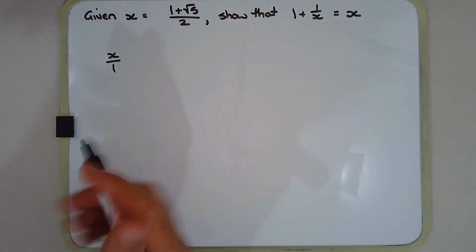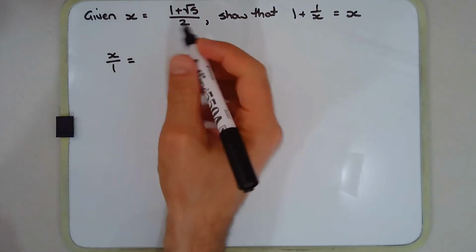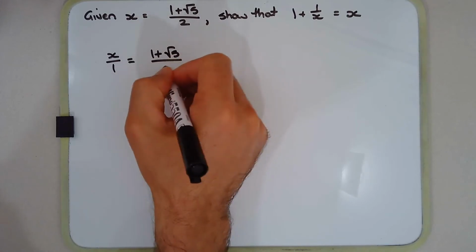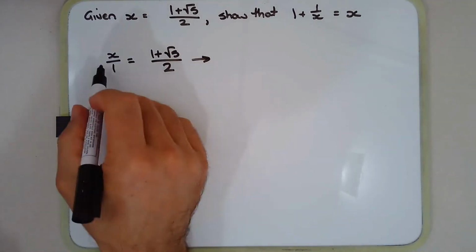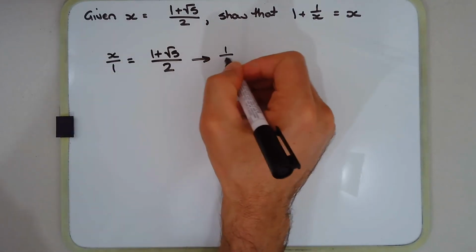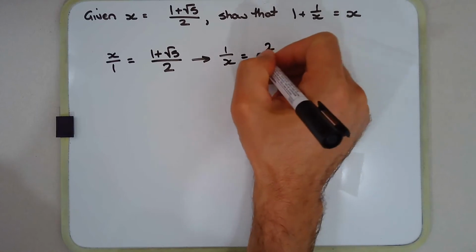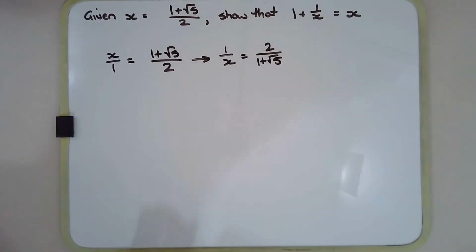You'll see where this is going. x over 1 is the reciprocal of 1 on x, and they're reciprocals of each other. x is (1 plus root 5) on 2, which means if I take the reciprocal of both sides, I have a value for 1 on x. That's equal to 2 over (1 plus the square root of 5). So great so far.